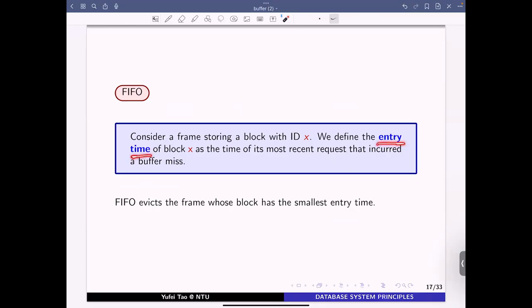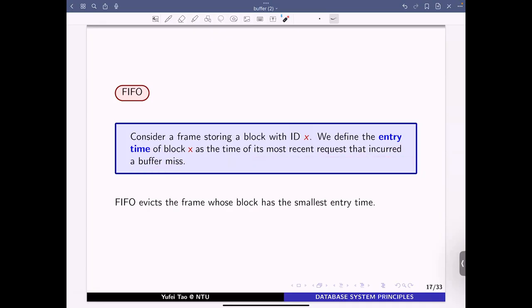If the frame stores a block with address X, then the entry time of this block is the time that it entered the frame. This is just another way of saying things.